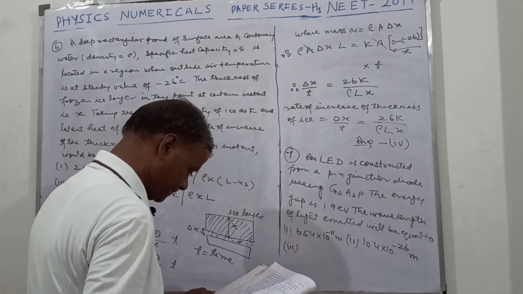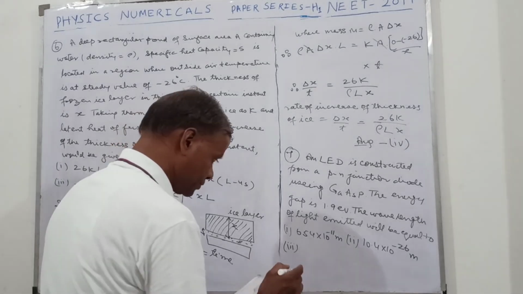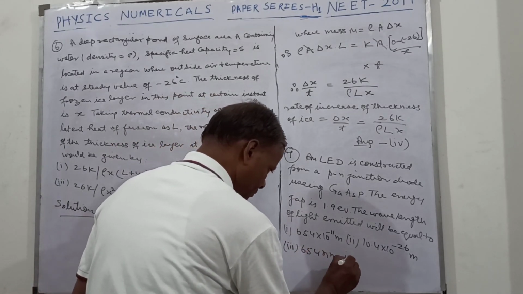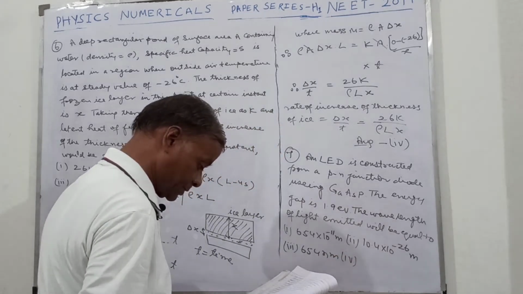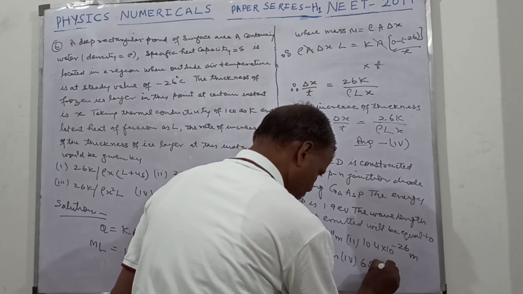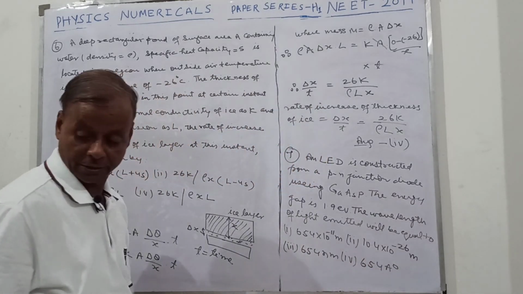Third is 654 nanometer, and fourth is 654 angstrom. This you have to find.